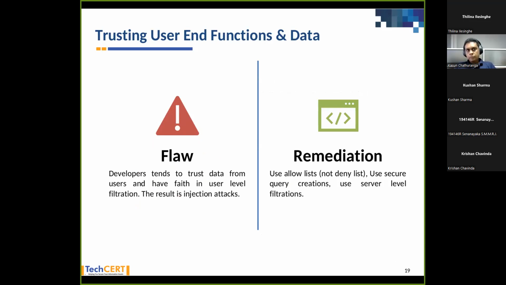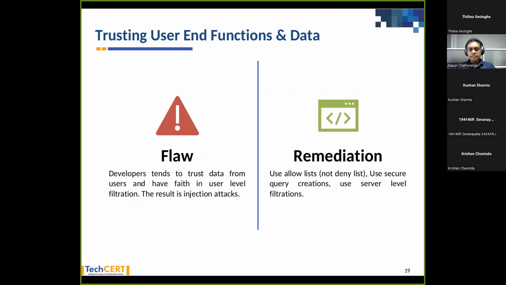One of the major things developers often get wrong is that they attempt to trust user and function and user data.